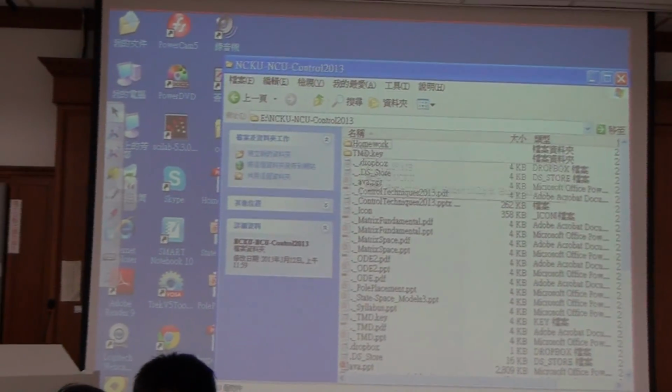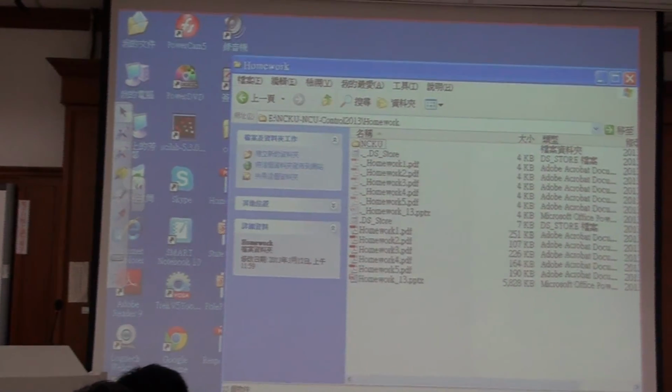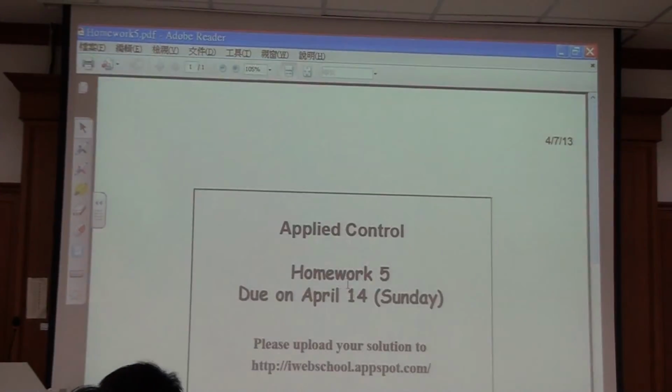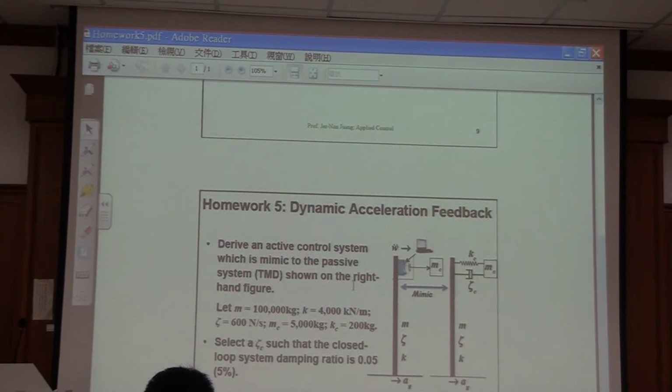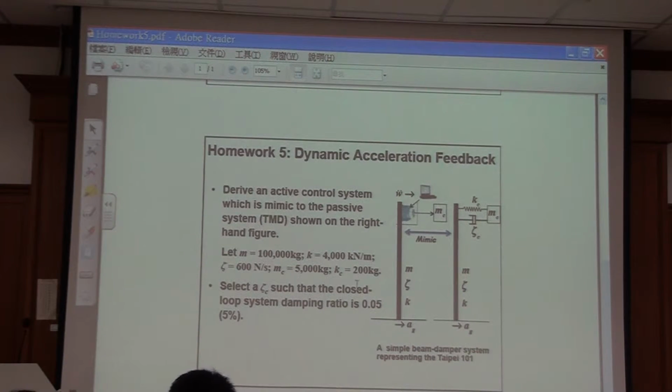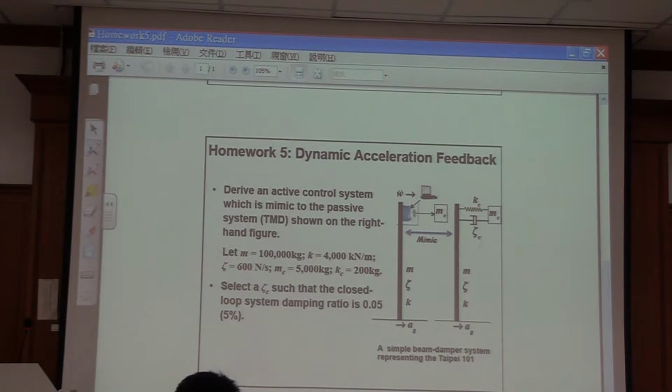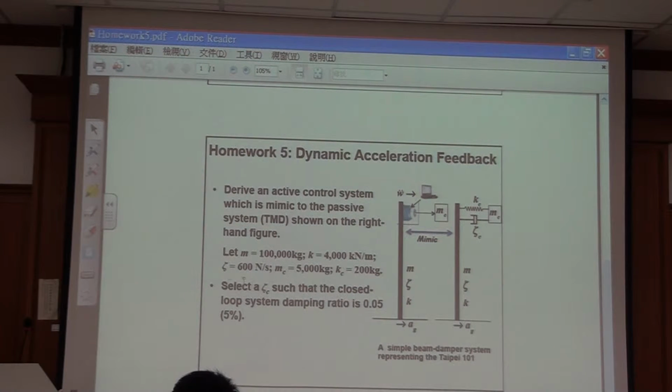You have a number 5 here. That's number 5. I'm talking about selecting this data C such that this data is known, right? This data is known. That's for the real system. But I'm talking about a closed loop system.